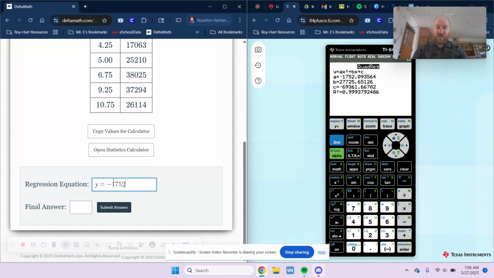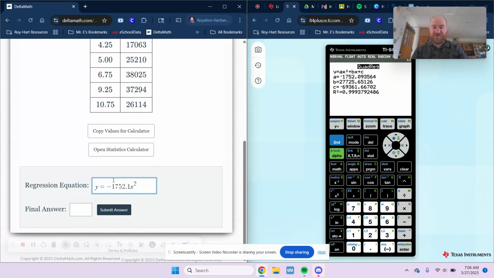Now after I put in the a value, I need to type x squared. And then plus 27725.65x. And then plus, actually minus, because c is negative, 69361.67. So that's the equation for this.